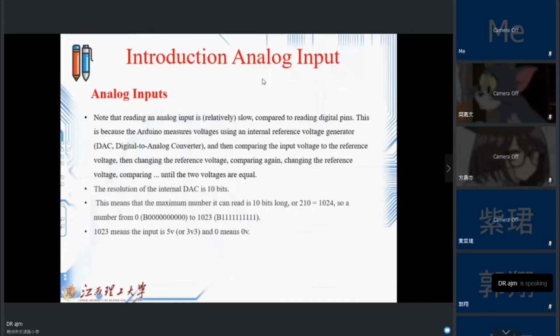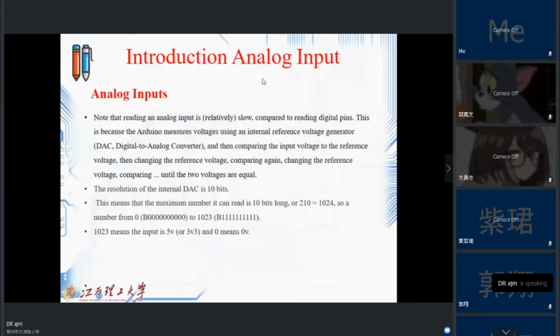One more thing you should know is that, as I said, the resolution of the internal DAC is 10 bits. This means the maximum number that we can read with 10 bits is 2 to the power of 10, or 1024.